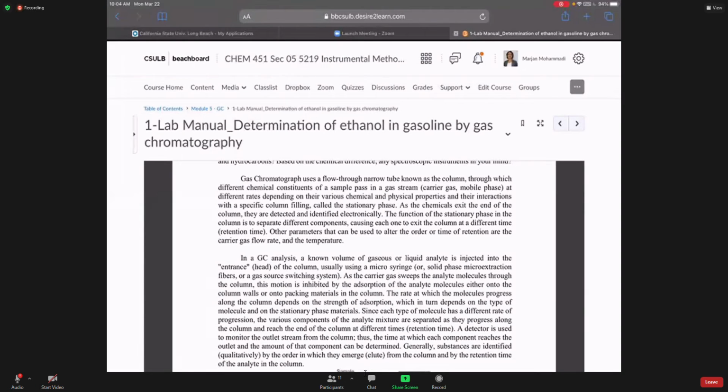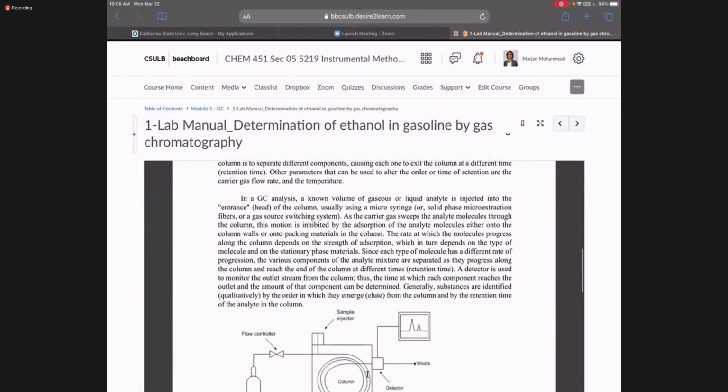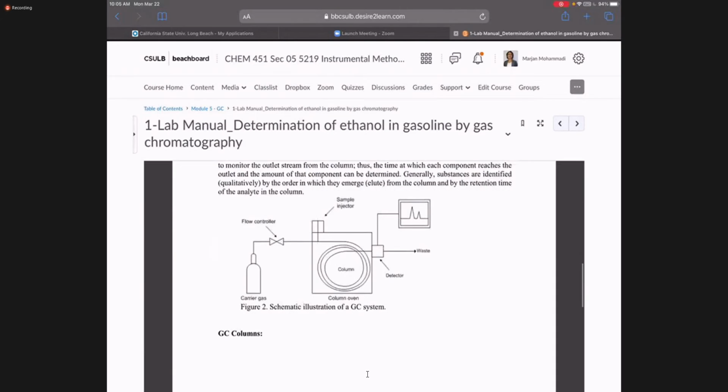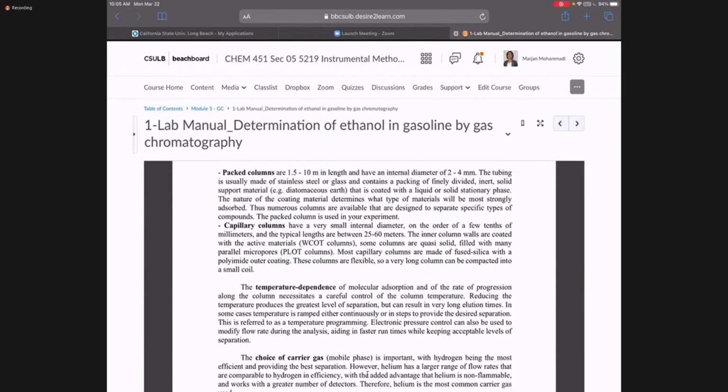But we have to be careful about one part I'm going to tell you when we are going over the data. So again, the basic concept of gas chromatography, you can have it in the introduction to explain what we know about gas chromatography, how it's going to be run, and what its usage is. For all chromatography, we are going to have a column.